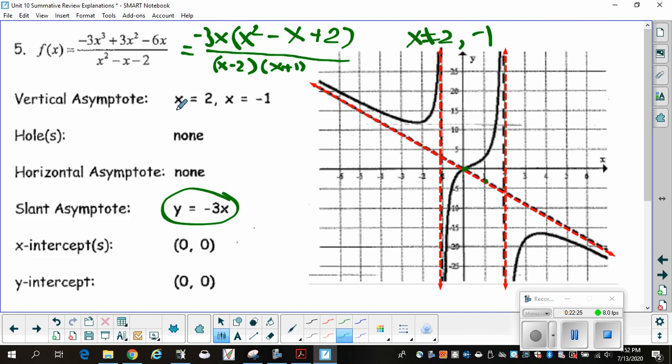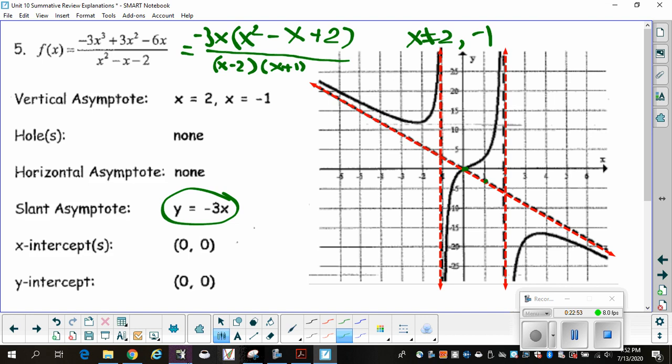That's 0. 0 over -2 is just 0. And then I set y equal to 0, and x just happens to be 0 as well. The only other places that x could be 0 are places where I have my vertical asymptotes. And then you graph this, and you would see the shape like this.